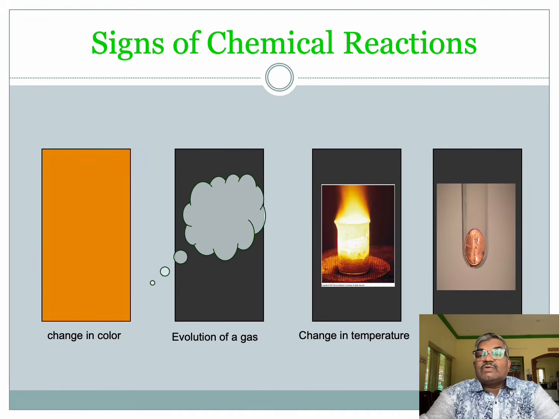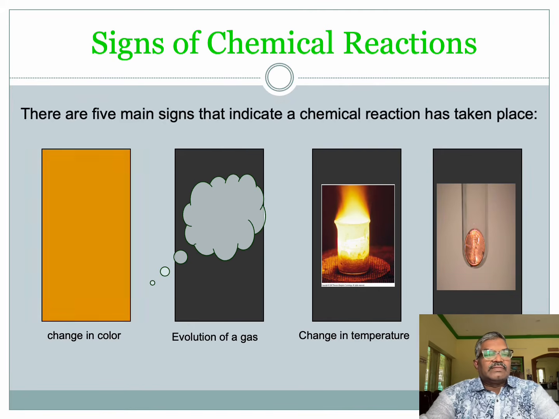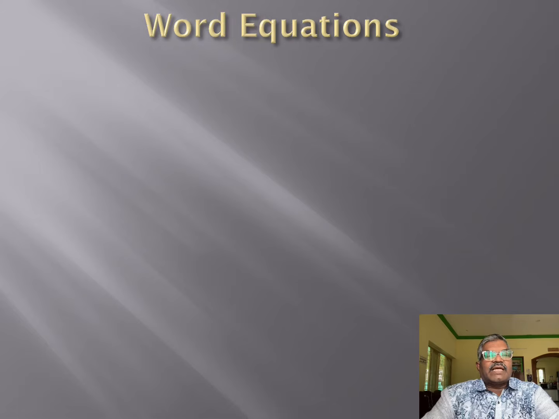One is change in color, and evolution of gas is a very important question. So what are the signs of a chemical reaction? Change in color, evolution of gas, change in temperature, and change in state. Okay, these are the main signs of a chemical reaction.